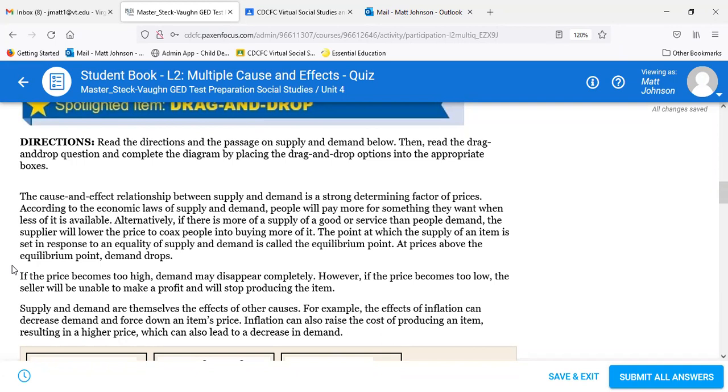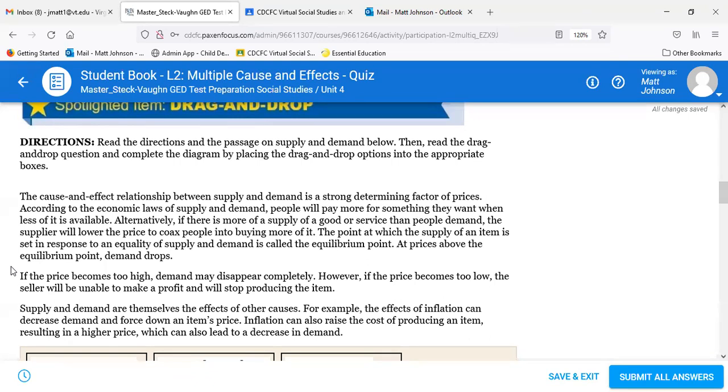Read the direction and the passage on supply and demand below. Then read the drag and drop question and complete the diagram by placing the drag and drop option into the appropriate box. The cause and effect relationship between supply and demand is a strong determining factor of prices.